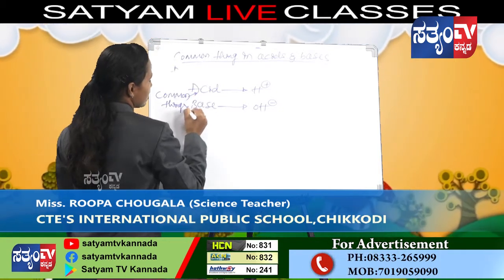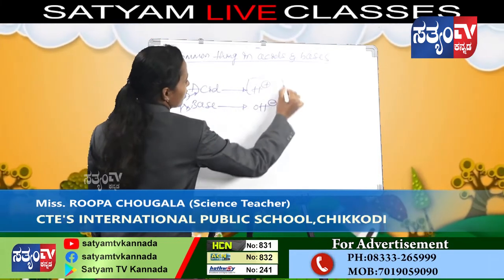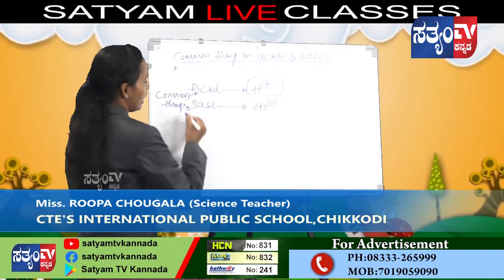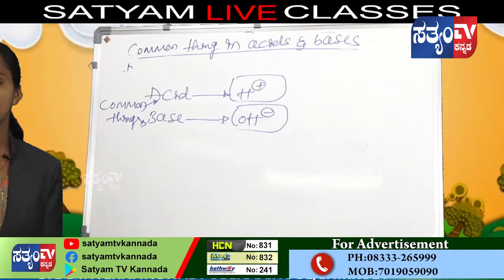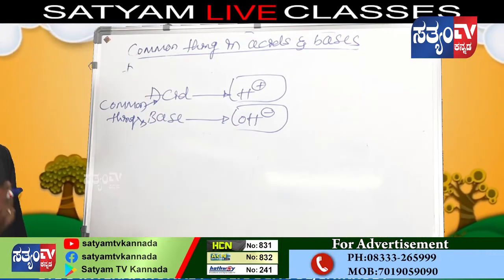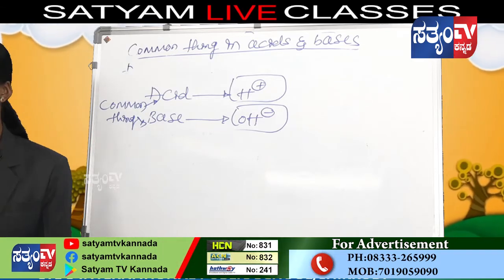In all acids the common thing is H plus, and in all bases the common thing is OH minus.